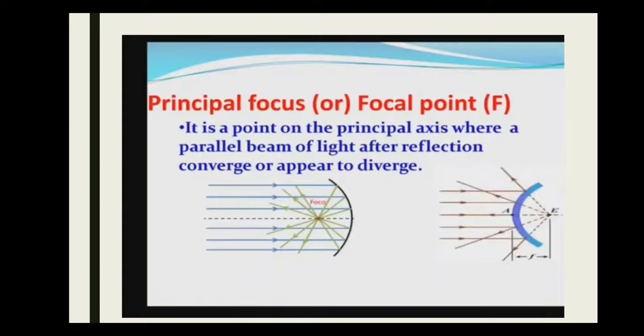This is called the principal focus or focal point. What happened? It is a point on the principal axis where a parallel beam of light after reflection converges or appears to diverge. That is called the principal focus.